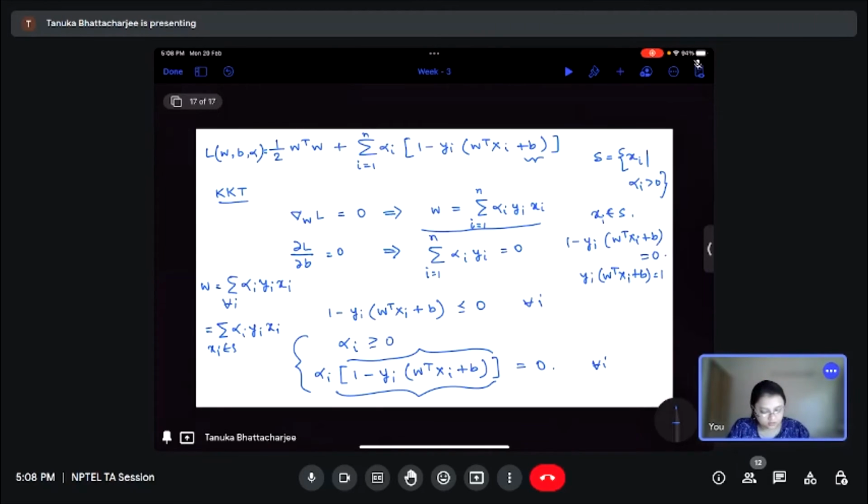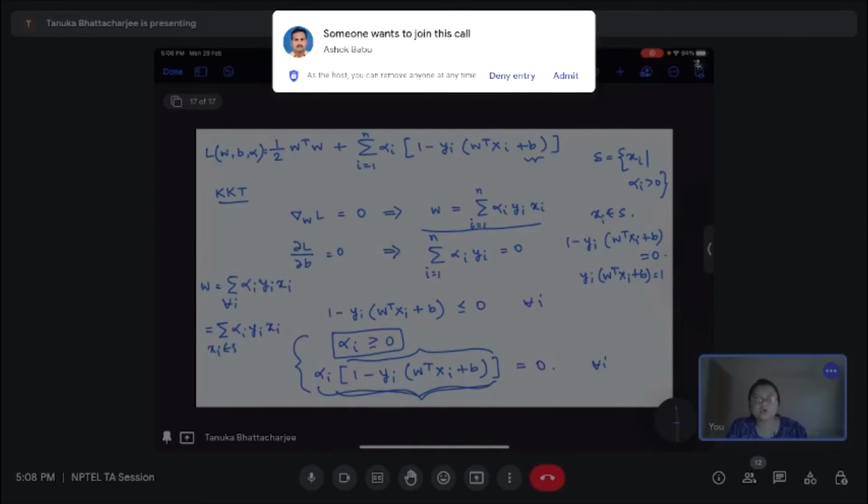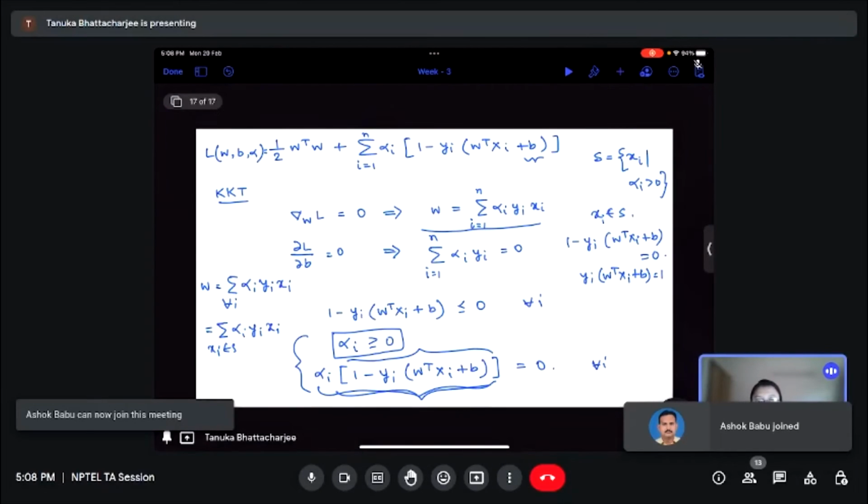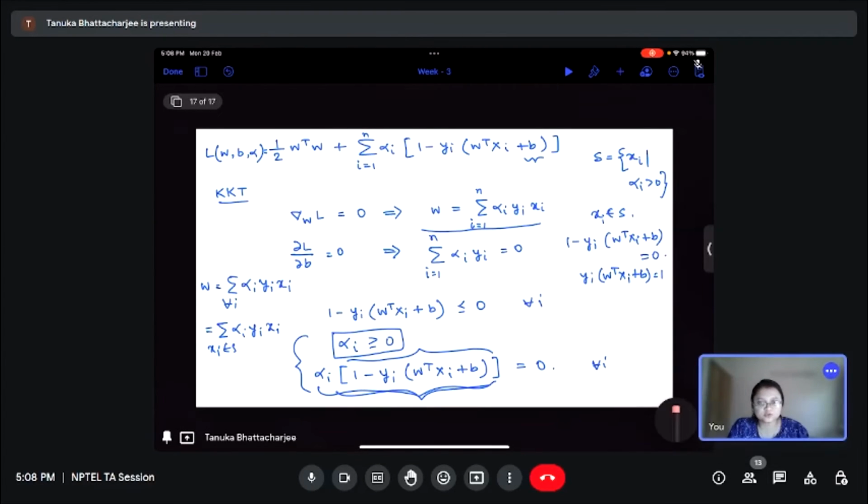So if from here we took the positive ones, for which alpha i is greater than 0, and put it in this constraint, what we see is that this remaining term 1 minus yi (w transpose xi plus b) should be equal to 0. That means those points are on the boundaries of the two classes. So whatever points have alpha i greater than 0, those will come on the boundaries of the two classes.